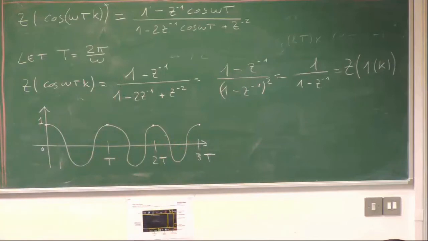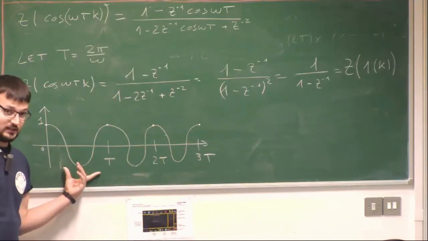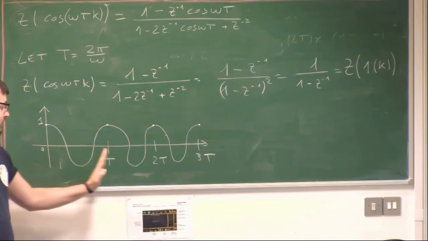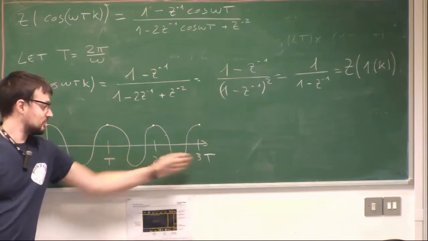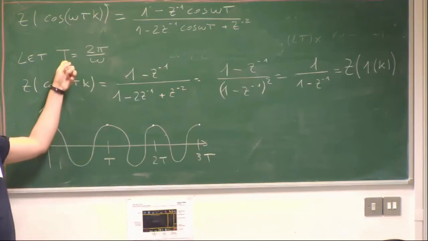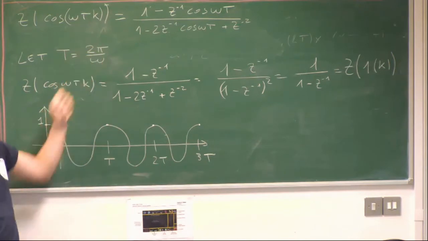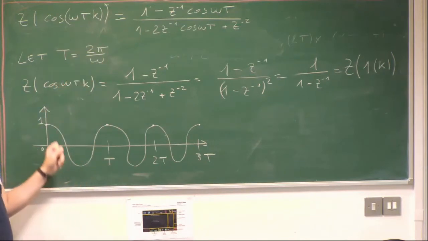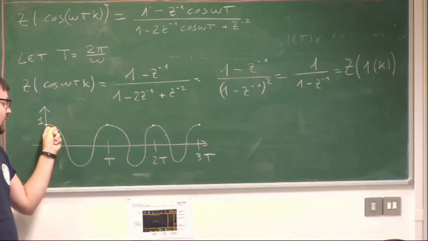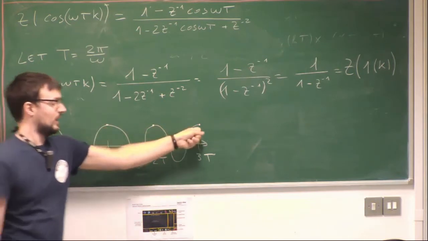Okay, so what happens is that the continuous time signal is the cosine, but we are sampling always with this period, with the sampling time equal to 2 pi over omega. And what happens is that what we are sampling is only 1, 1, 1, 1. Okay?